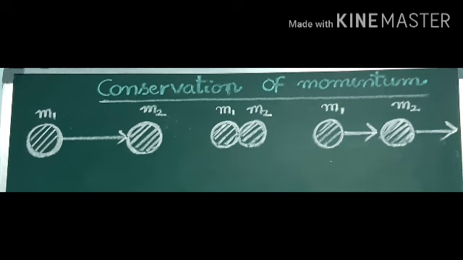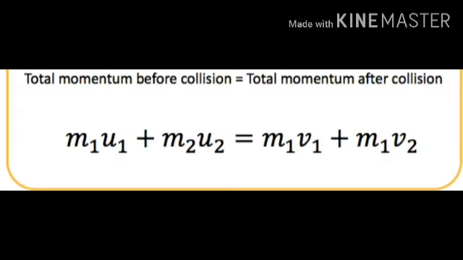After collision, their velocities change, those are v1, v2. Here two spherical objects are moving in a straight line and in the same direction. The equation is m1 u1 plus m2 u2 is equal to m1 v1 plus m2 v2. The total momentum before collision equals the total momentum after collision.